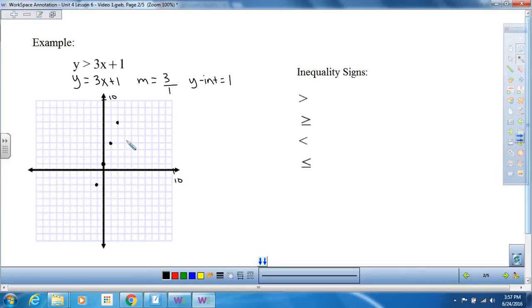inequality. However, there's some things I have to note about the inequality signs. So when it's a less than or greater than, so one of these, then on a number line I know that would be an open circle, and so that corresponds to a dashed line on a graph.